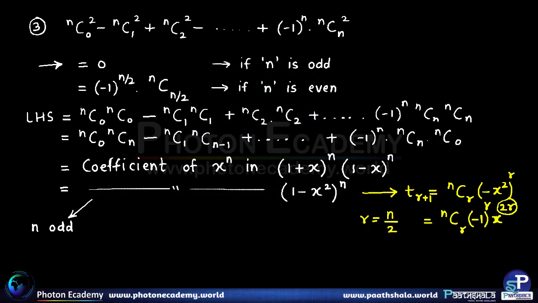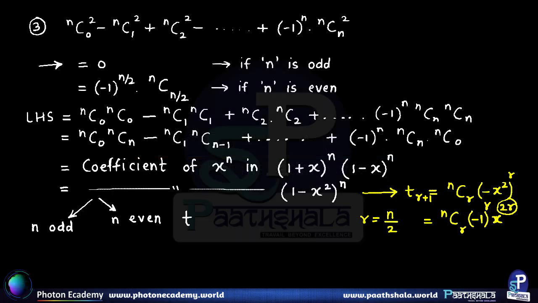Whereas if n is even, then we have the general term T(r plus 1), which is T(n by 2 plus 1) equal to nC(n by 2).